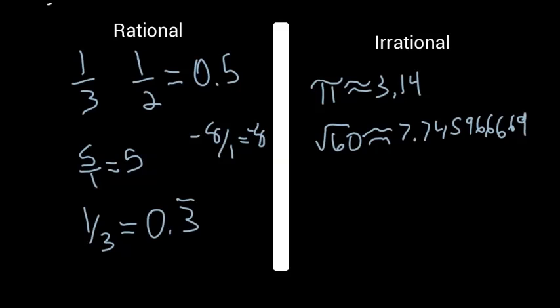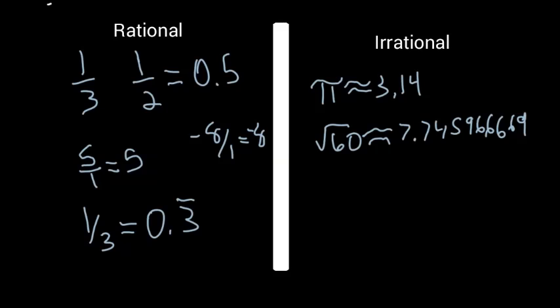And you can see that there's no real pattern there, and it just keeps going and going. It's never going to end. You're basically doing the problem forever. So that's why it's considered irrational, is because it never ends. So in theory, you'd be doing the problem forever.